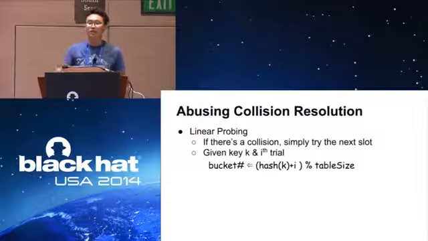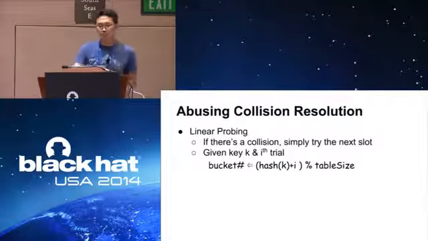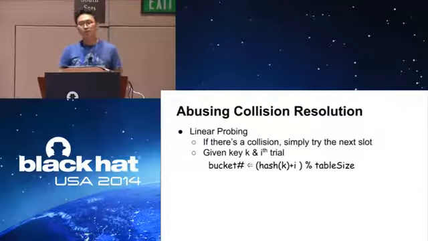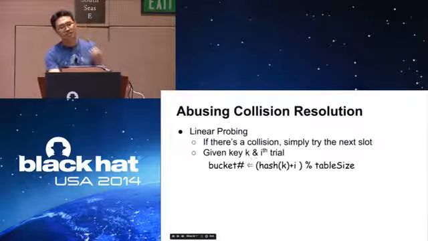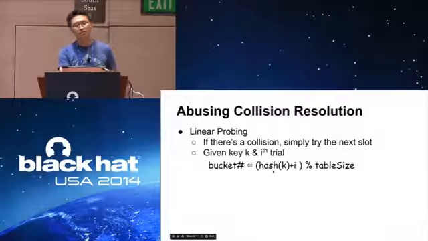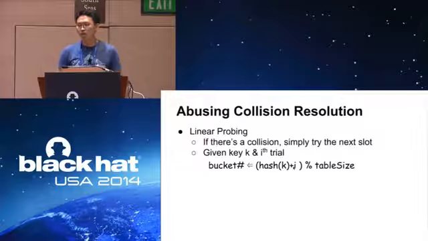You simply try the right next bucket. So in linear probing, if there is a collision, it simply tries the next slot. Given the key k, and if it is the ith try, then what it is doing is hash(k), this is the hash on the key k, plus i. So it's just a +1. And then you mod on the table size.